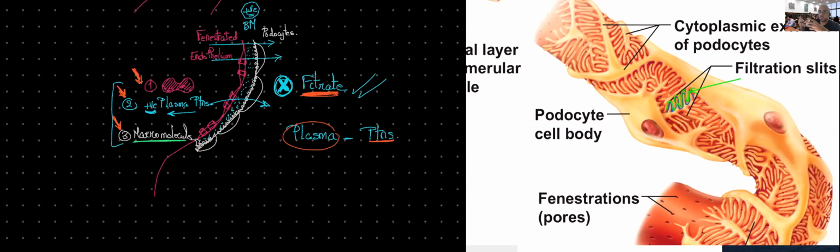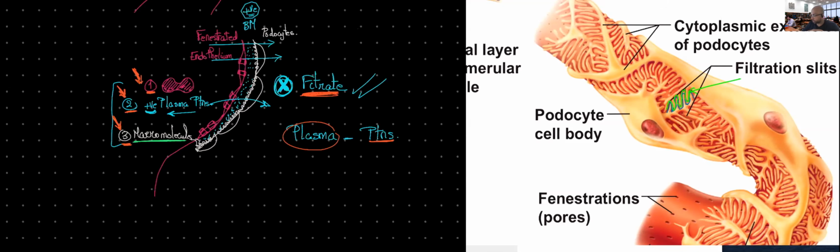What is the plasma? This is the fluid where the blood cells are circulating. So I filter everything besides what again? Other than blood cells, plasma proteins, and macromolecules. Those are the three things that won't get filtered normally.